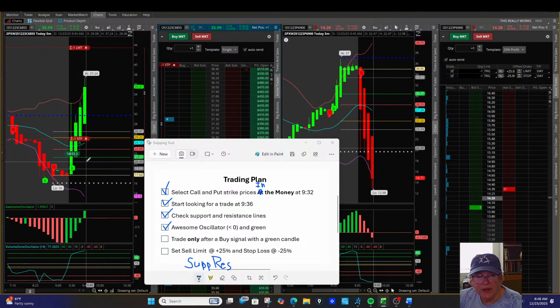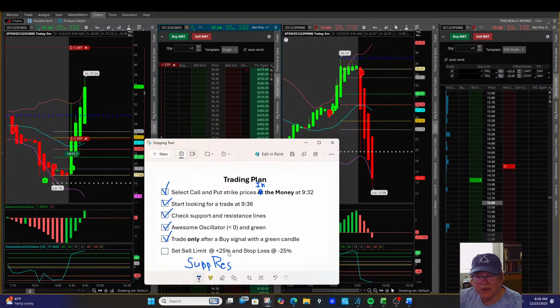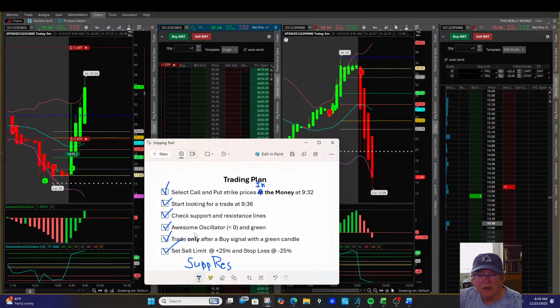So there was a green candle, there was a buy signal. The sell limit is 25% above, and the stop loss is 25% below. So I followed my trading plan, and now we just have to watch it and see it materialize.